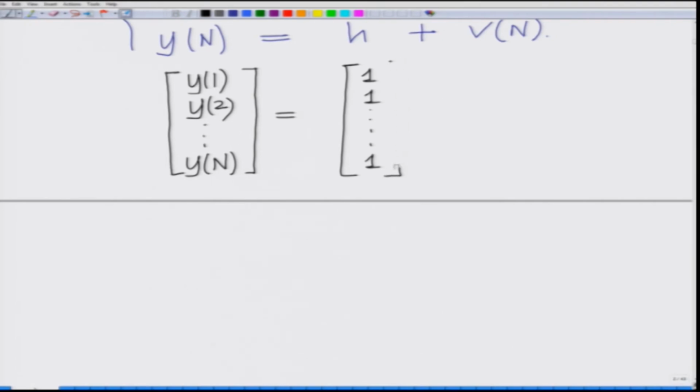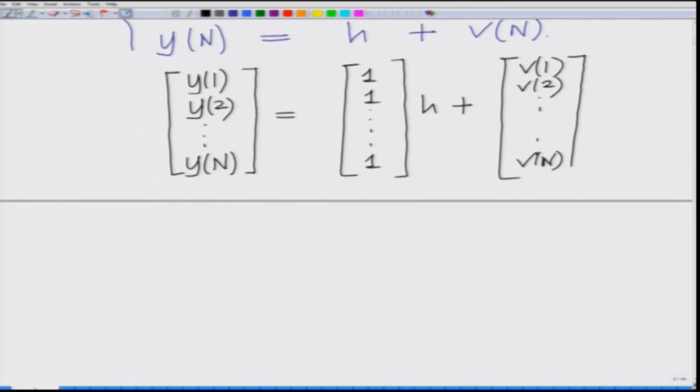This is equal to the vector of all ones times h plus the noise vector v1, and so on. The vectors are N dimensional naturally, because you have N sensors and N measurements. So, this is now your observation vector.